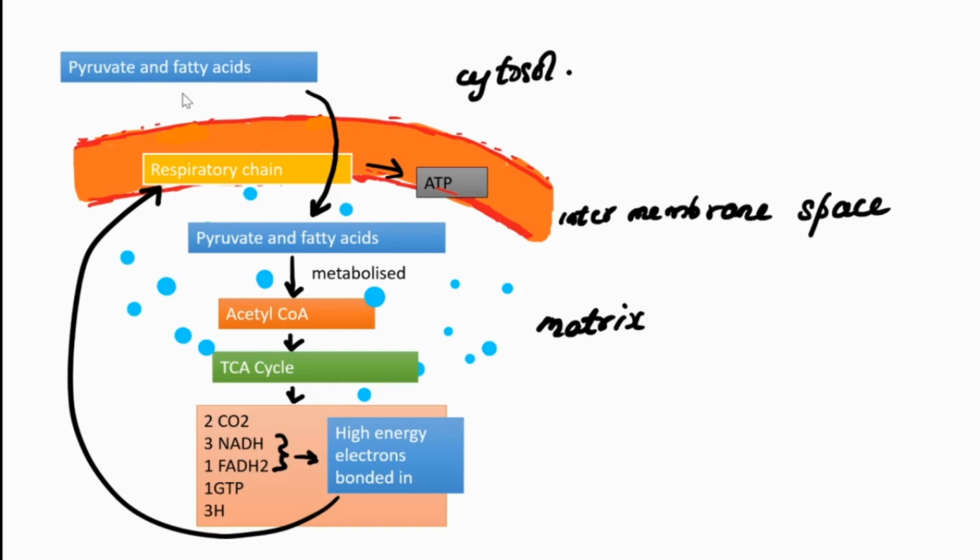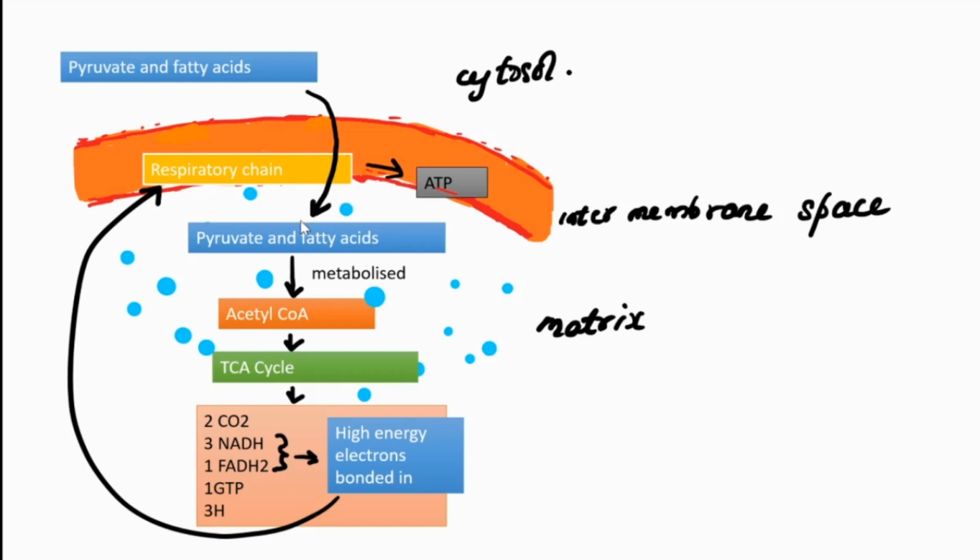Through many cycles, pyruvate and fatty acids are formed. In the glycolytic cycle, we know the end product is pyruvate and it is present in the cytosol. That we need to transport towards the inner matrix of the mitochondria.